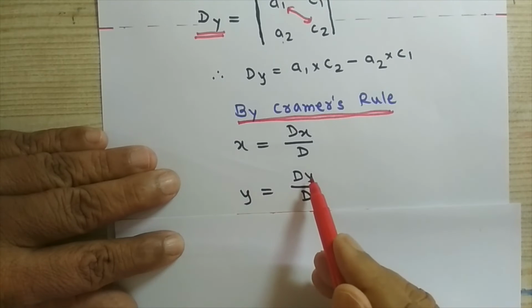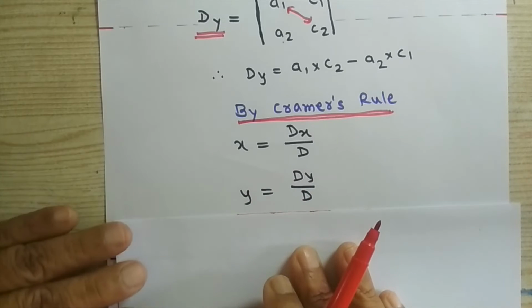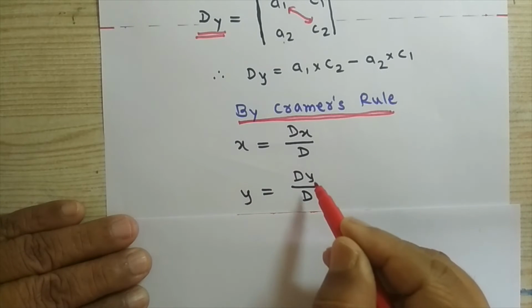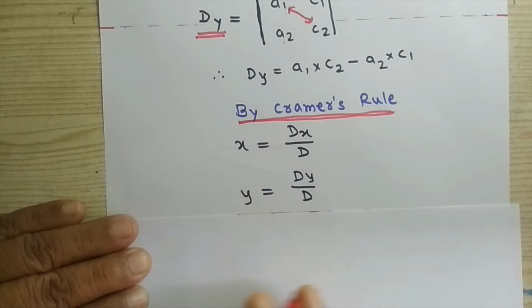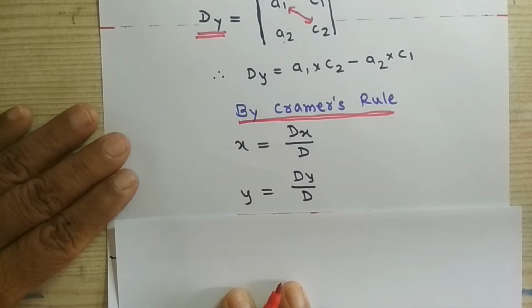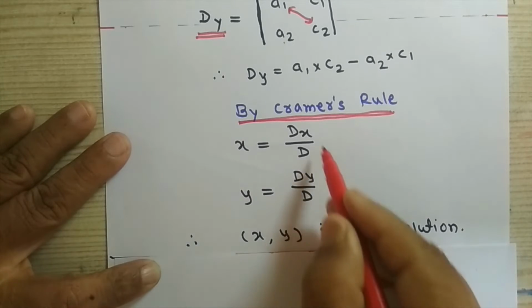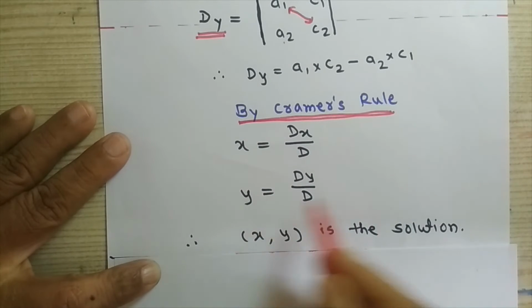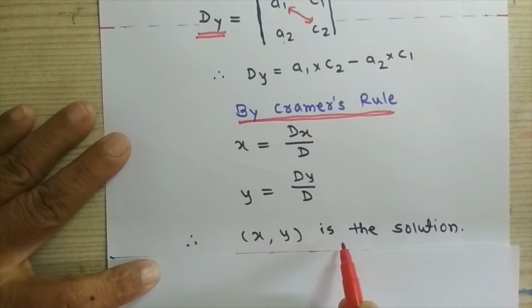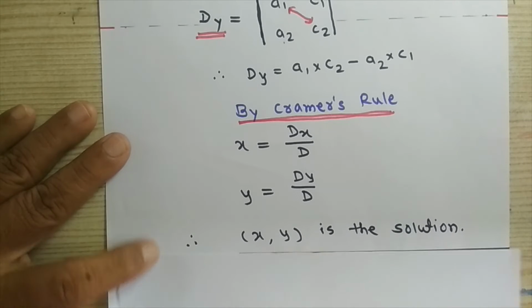Similarly, y is equal to Dy upon D. Put the values of Dy and D here and finally calculate the value of y. Similarly, we can write the final answer: x comma y is equal to the values we put, and that is the solution of the given simultaneous equations by Cramer's rule.